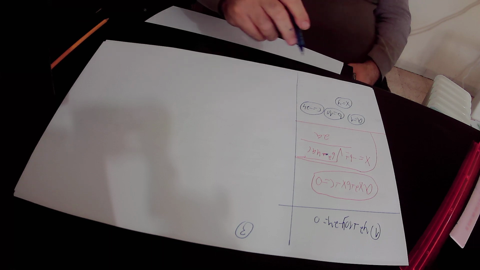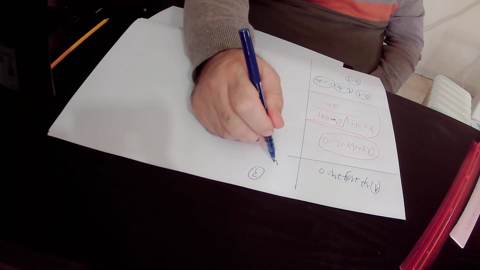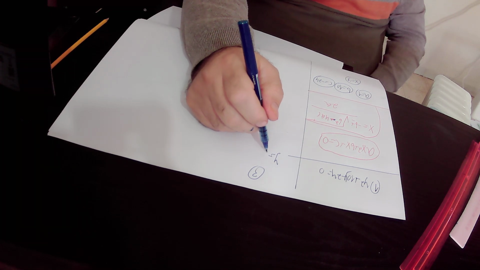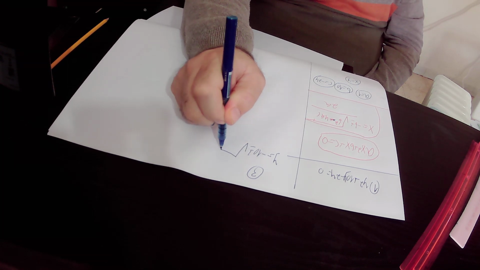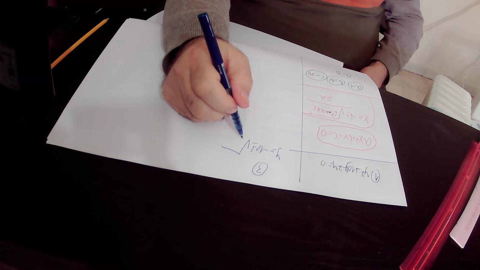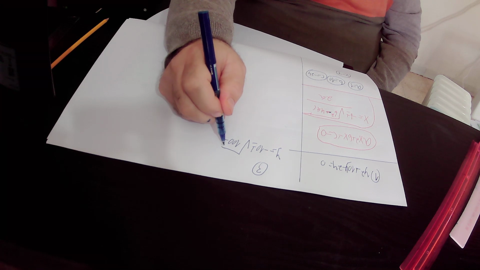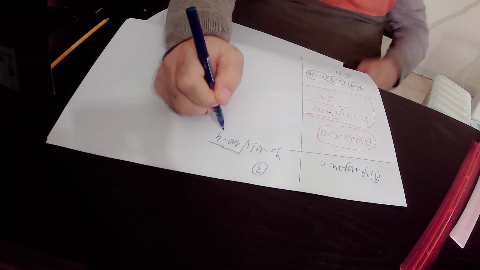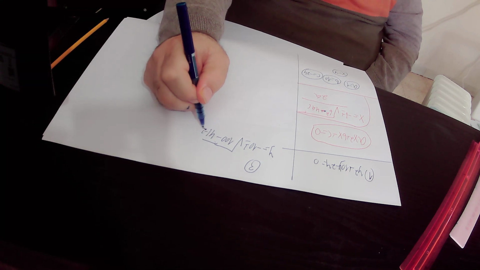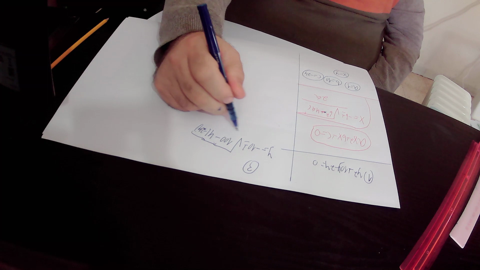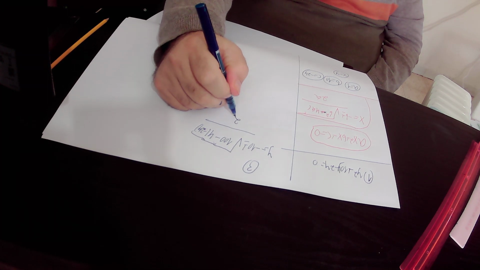So y equals minus b, b is 10, so minus 10, plus minus square root of b squared. B is 10, so b squared is 100. Minus 4 times a is 1, times c is minus 24, over 2a. A is 1, so 2 times 1 is 2.